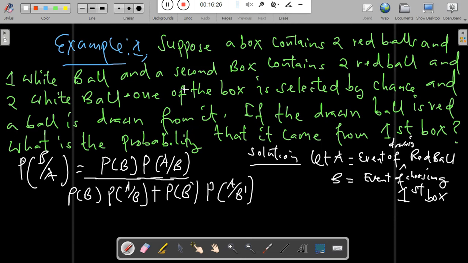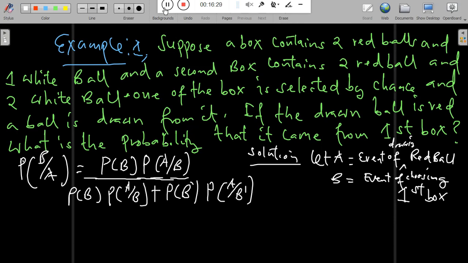So this is the formula we are going to apply to solve our question.